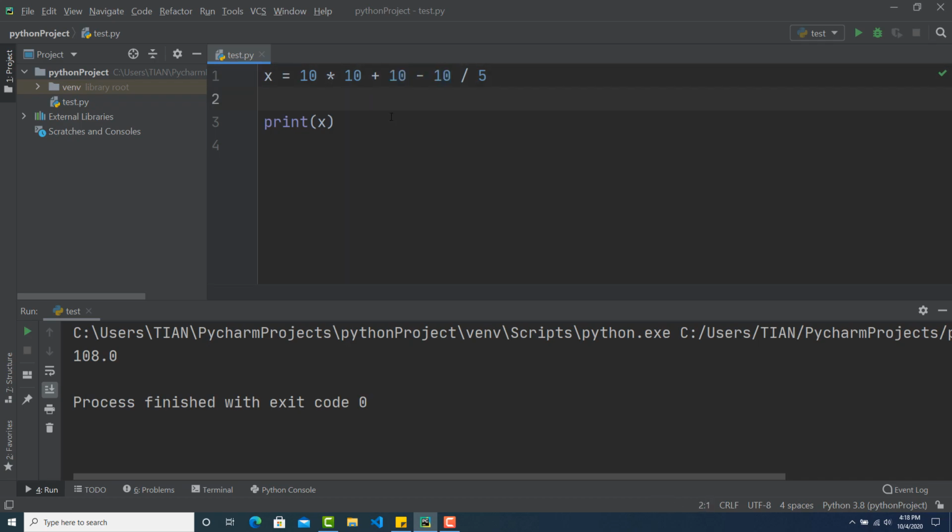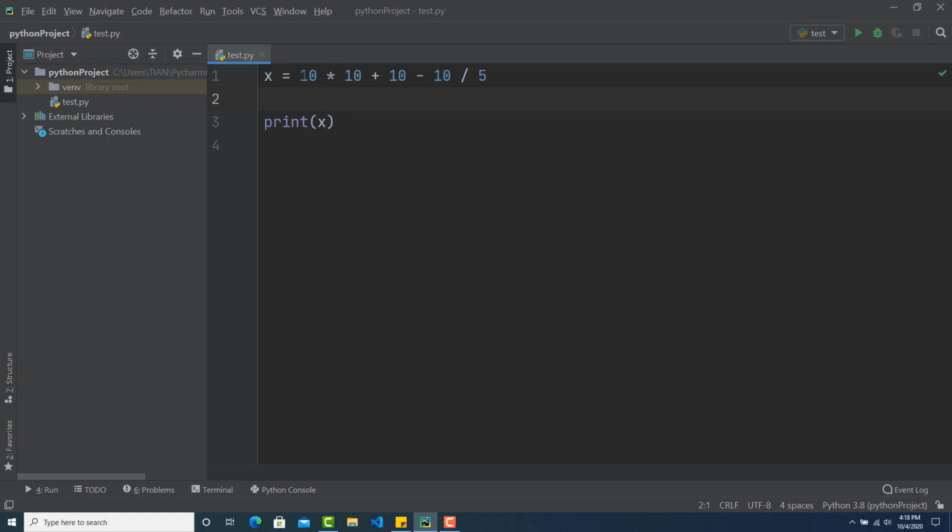Now you may have another question: what if there were some brackets? Suppose there was another 10, and let's say we have another 20, and it has minus, but it has brackets on.